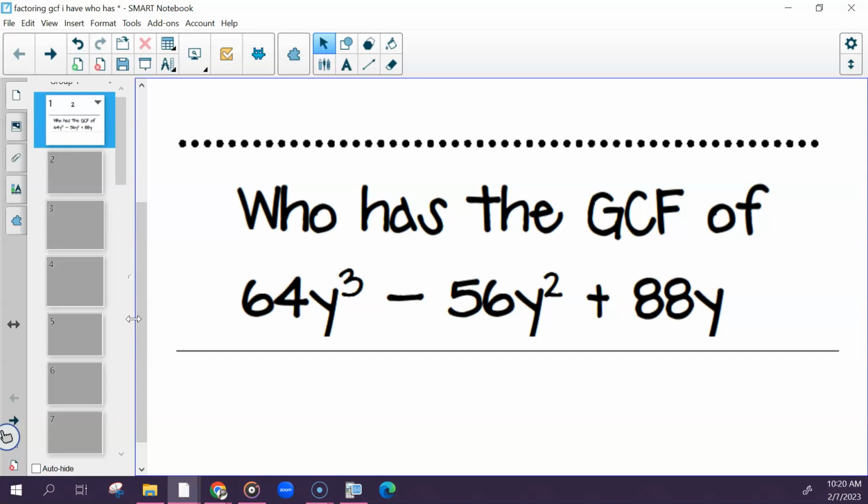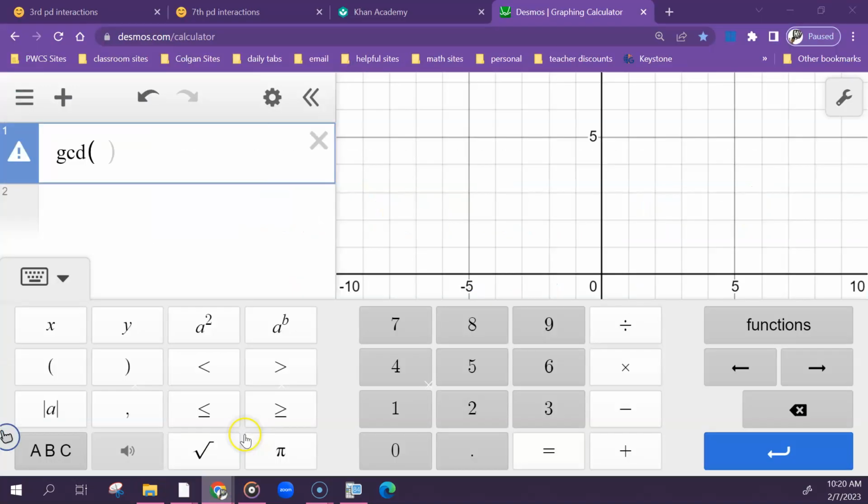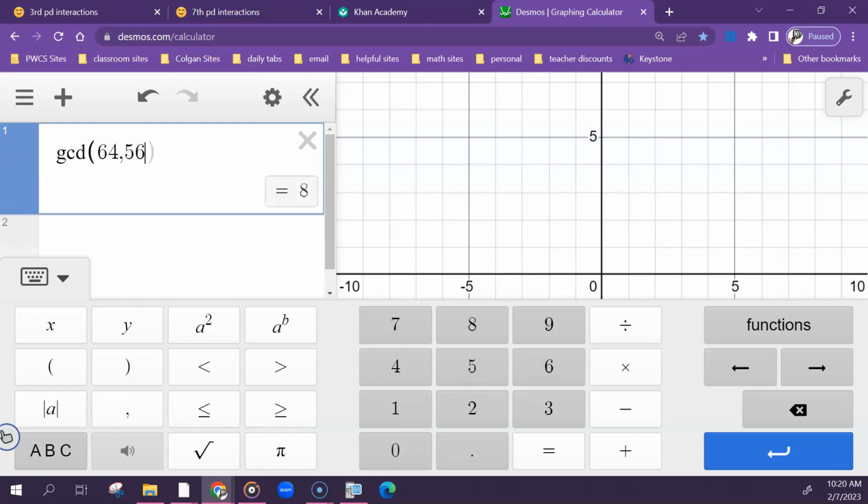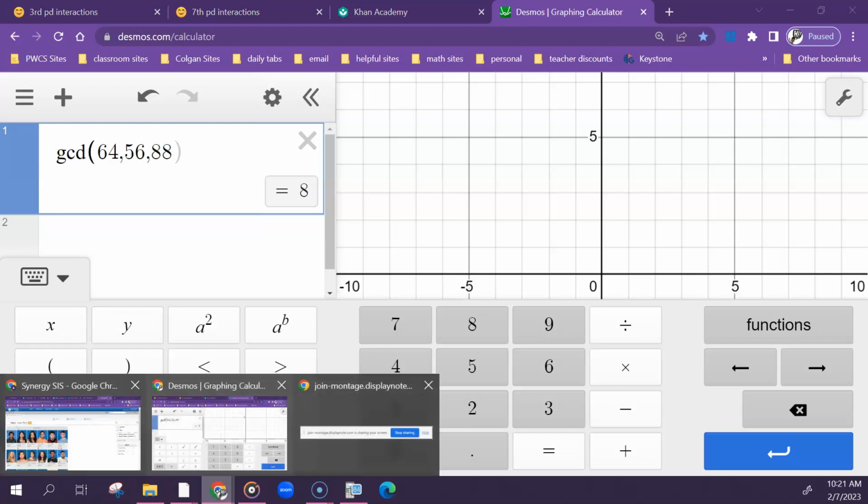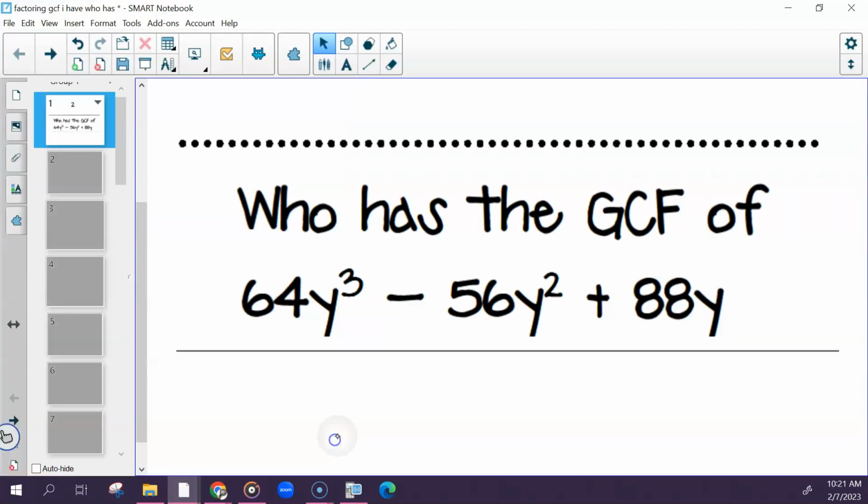If you're not sure, or maybe you want to double check yourself, you could put in these 3 numbers, 64, disregard that it's negative, so 56 and 88, into that Desmos. Inside the parentheses, put in commas after each number. And it'll tell you what that GCF or GCD is. Again, it won't tell you what the variables are, so you still have to figure that part out. But we know now that this next one will at least start with 8.